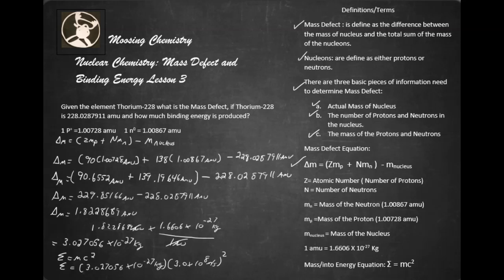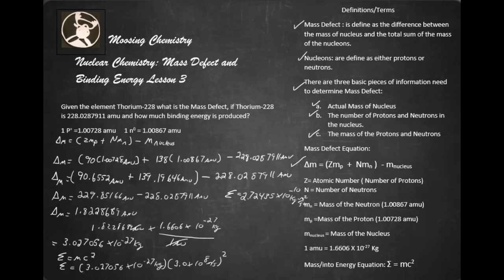Okay, so when we do the math, E is going to equal 2.72435 times 10 to the negative 10 kilograms times meter squared over second squared.